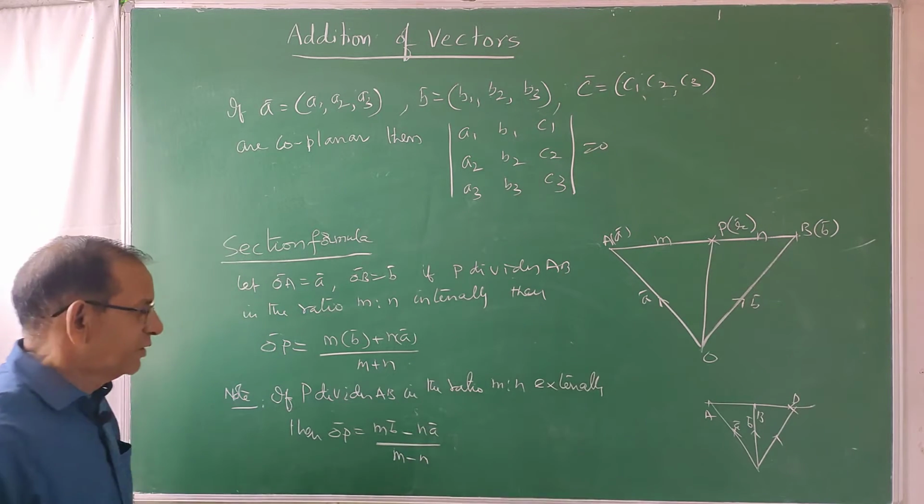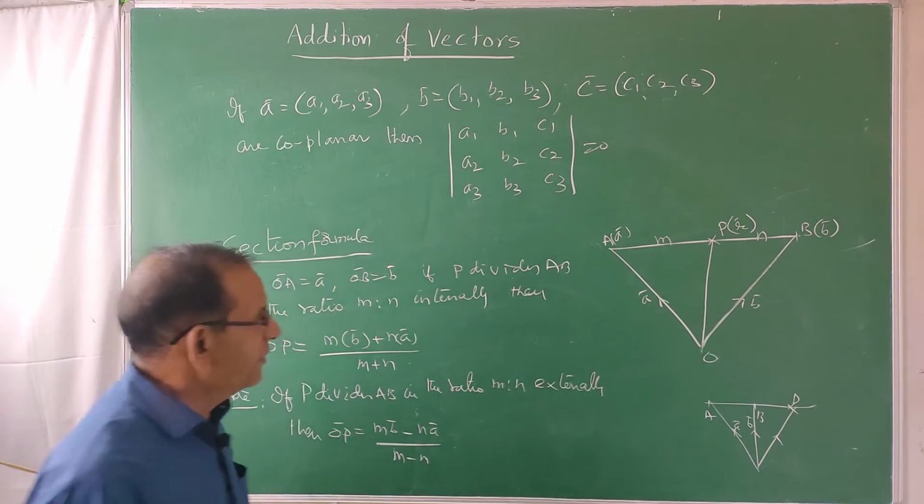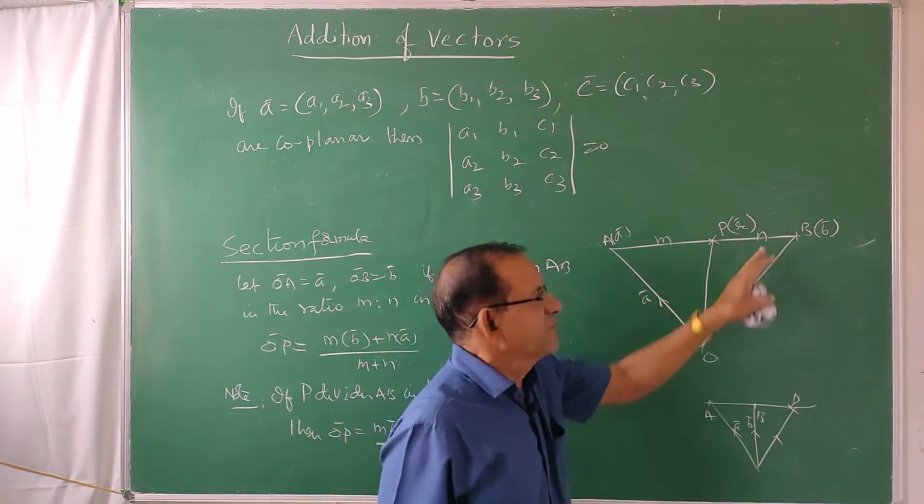You have to replace n by minus n. Then what is the midpoint of AB? Here m:n is 1:1.